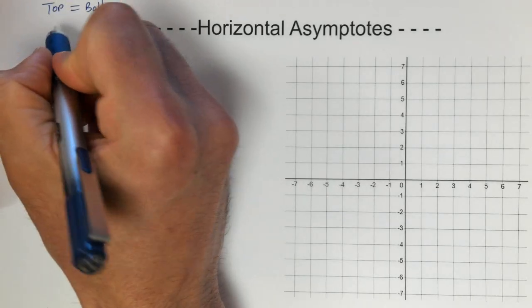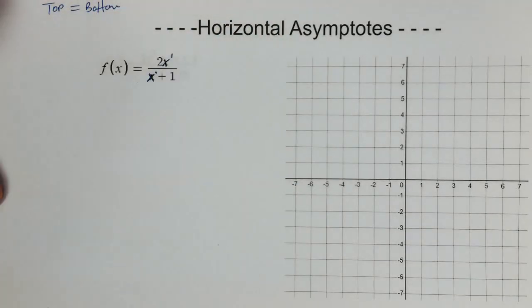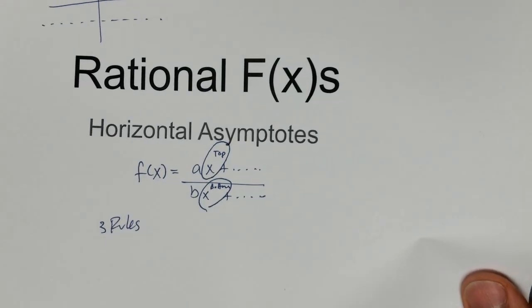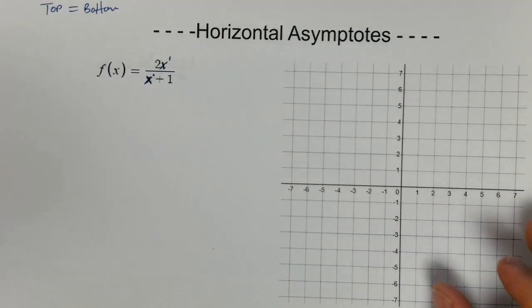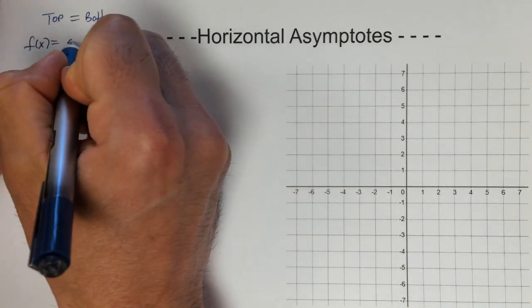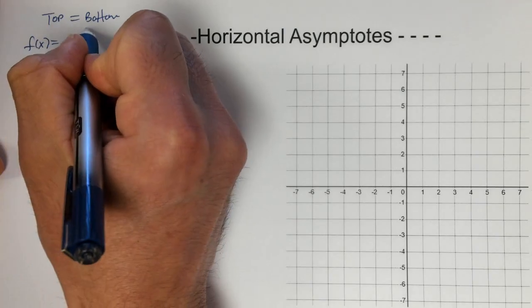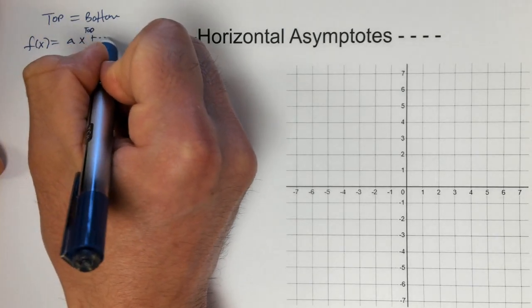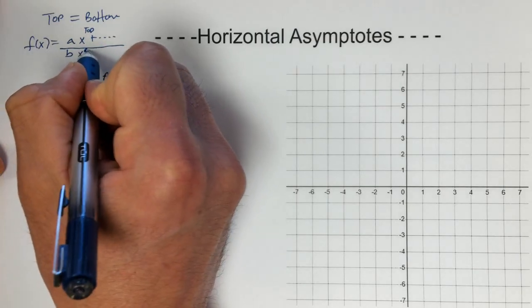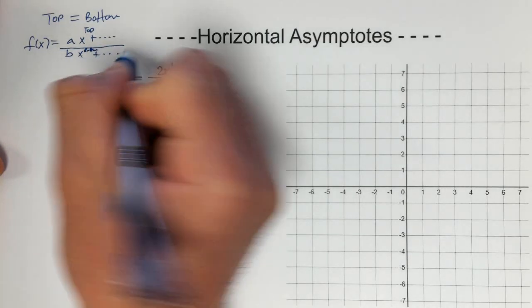So let's say that we have, as I showed you earlier, a general function on top and on the bottom. Let's write a generic scenario here. So f of x equals ax to the top exponent plus whatever's left over, divided by bx to the bottom exponent plus whatever's left over.